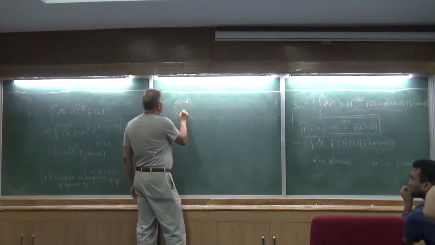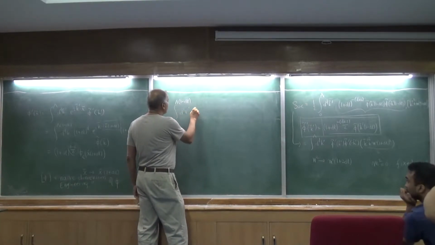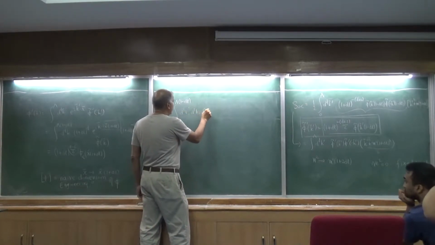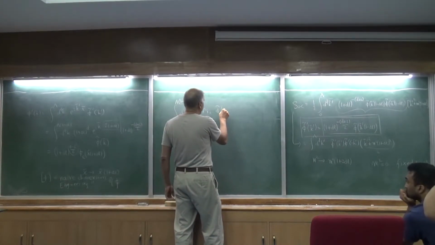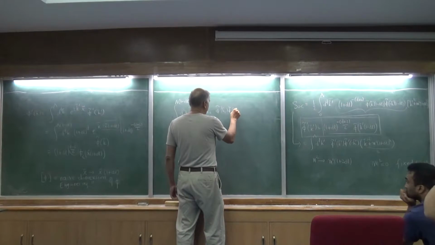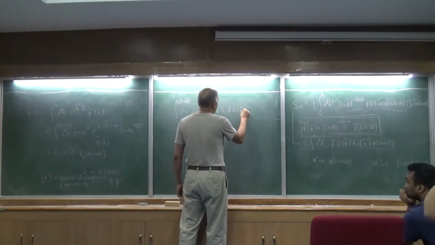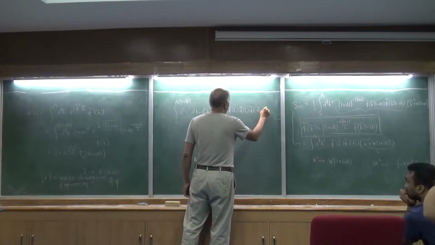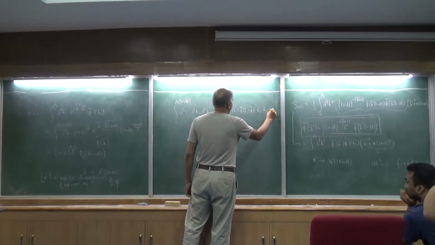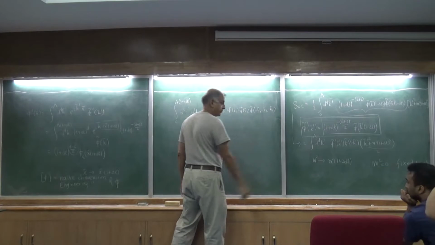So let's write it as d3k1, d3k2, and d3k3, and then phi tilde of k1, phi tilde of k2, k3, and finally phi tilde of minus k1, minus k2, minus k3. That's what my delta function is doing.